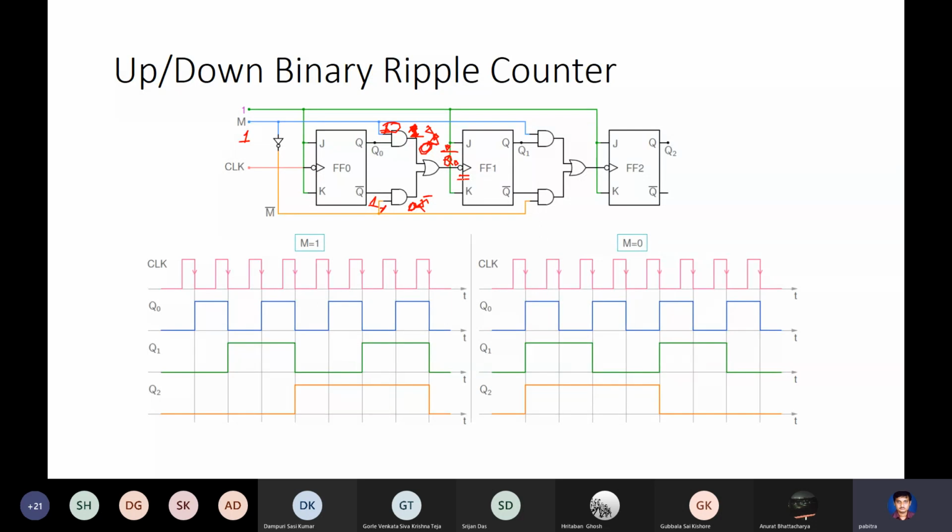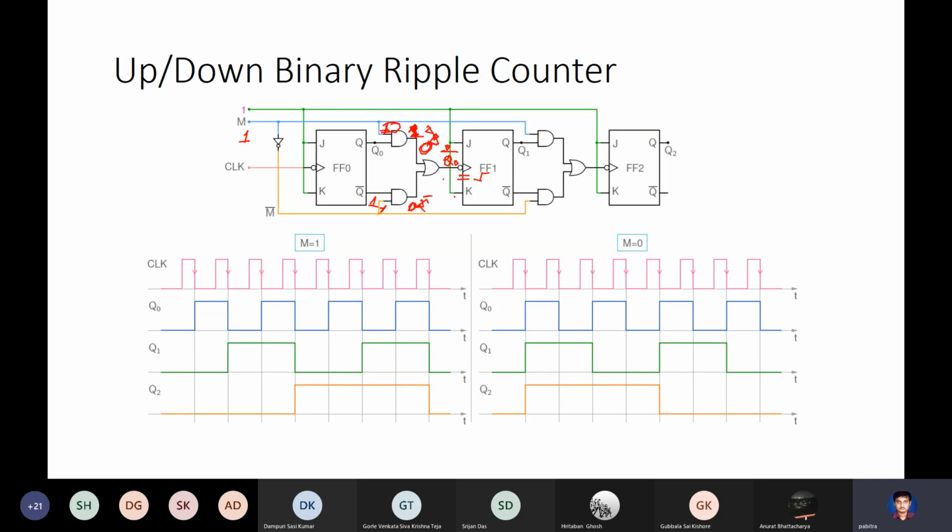The falling edge of Q0 is actually the up edge of Q0 bar. So this will trigger on the up edge of Q0. And if you have seen before, if you trigger on the up edge of Q0, it becomes a down counter. So then this will act as a down counter.